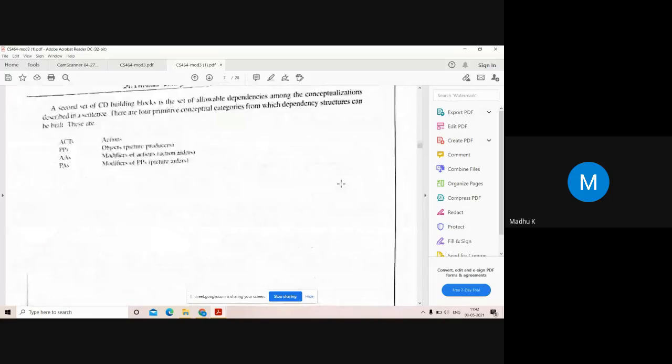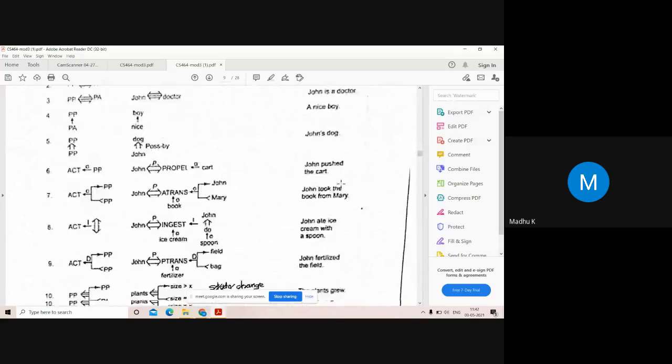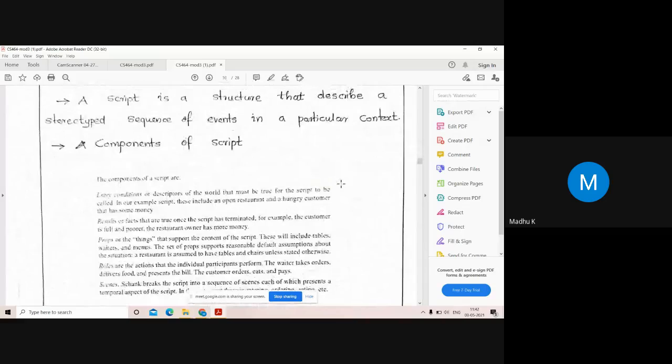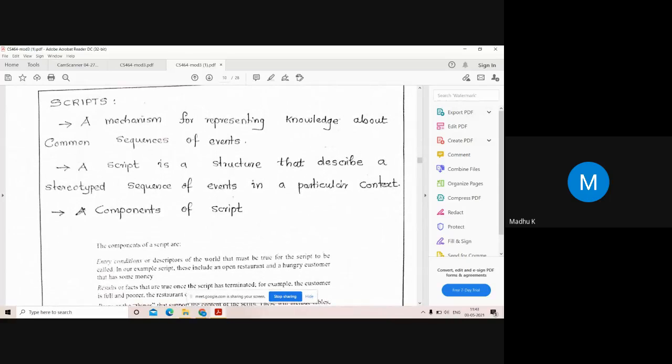Next, we are going to discuss the frame system. Sorry, script. Script is the next topic. So, what is a script? A mechanism for representing knowledge about common sequences of events.